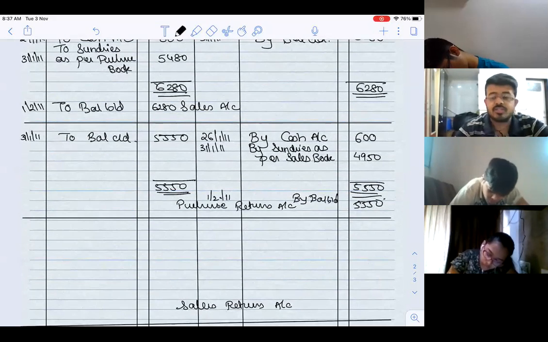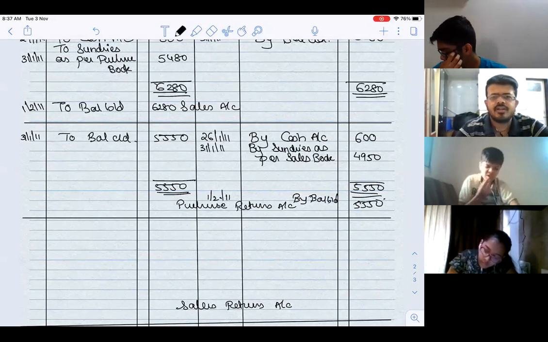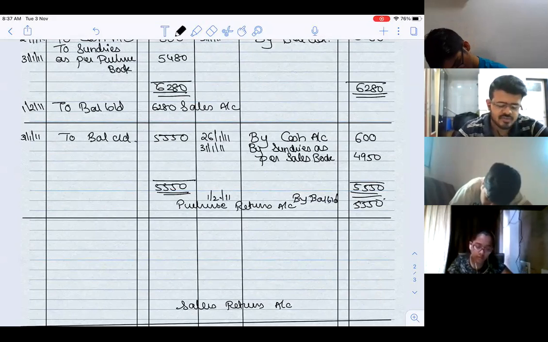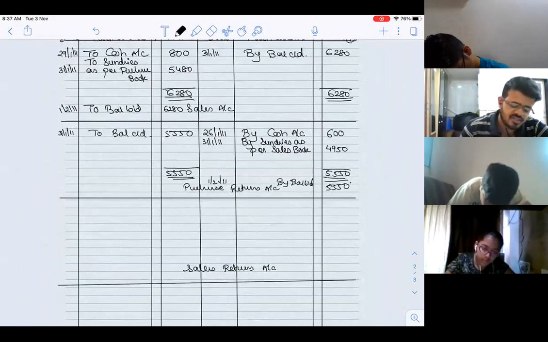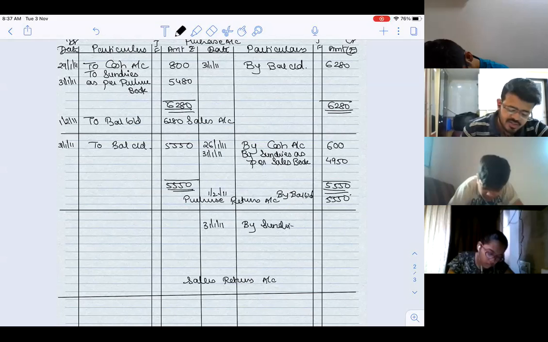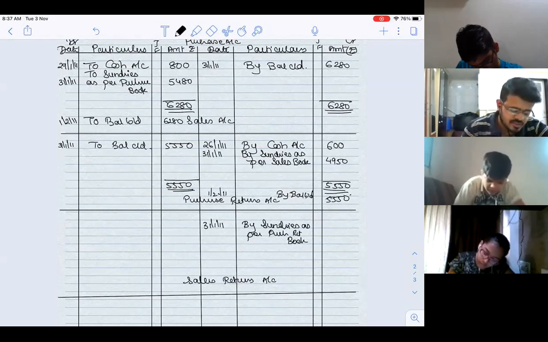What about purchase return and sales return? Would you have any cash transactions over there? No question, there is no cash transaction there. All credit transactions. So what will be the posting in purchase return and sales return? Directly, I think you will write down the totals. In purchase return, on the credit side, by sundries as per purchase returns book.